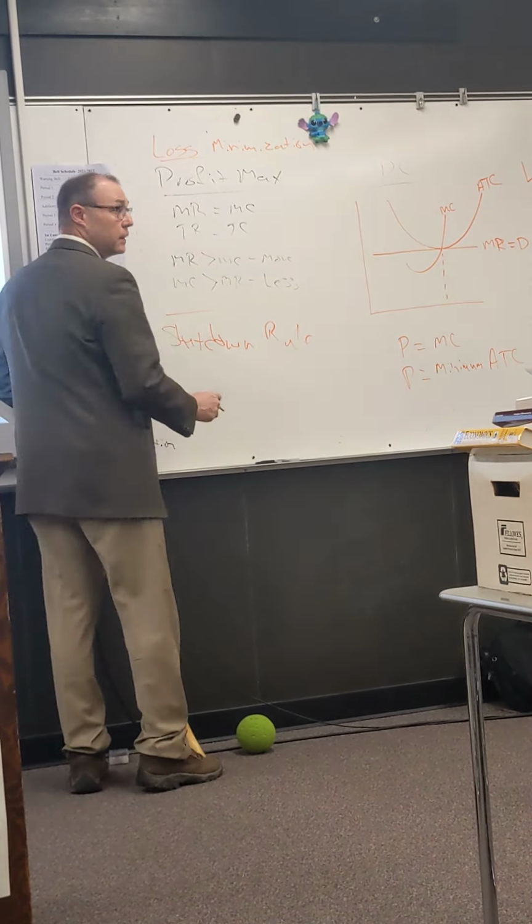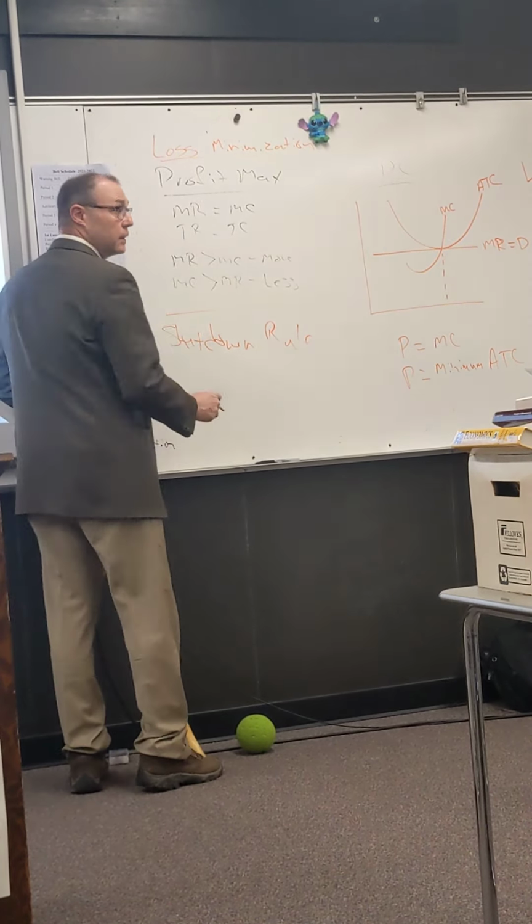Isn't this our average fixed cost function? As we make more and more, it's going to get closer to the x-axis. So we take AFC plus AVC to get ATC. Did you notice that these get closer together as you produce more output? That's because your average fixed cost function is getting closer and closer to your x-axis, isn't it?